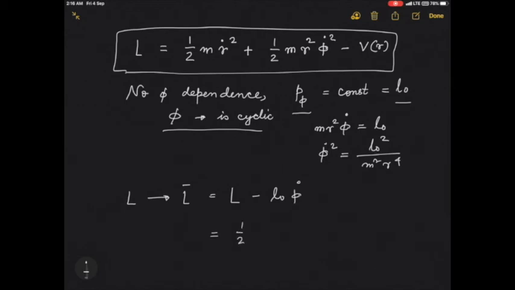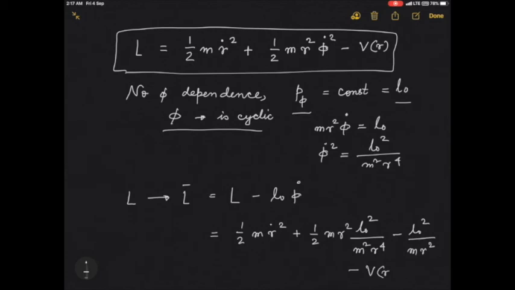So this is half m r dot square. In the second term, I will replace phi dot in terms of L0, so this will be L0 square by m square r to the 4. And then I have minus L0 phi dot, where phi dot is L0 by m r square, so this is L0 square by m r square.